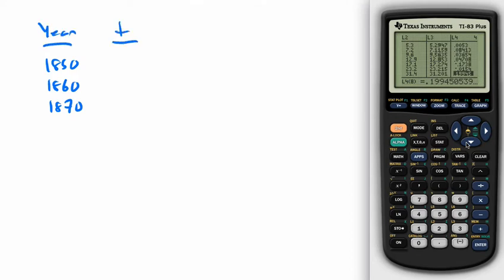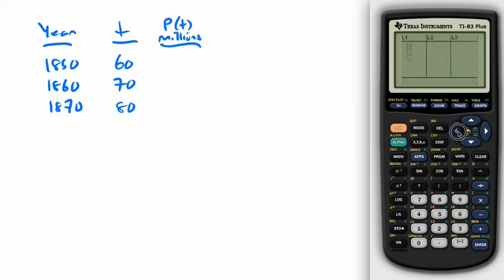The t-value is 60, 70, 80 for those 3 points. The model predicted values, P of t in millions, for those 3 values are right here. Let me make sure I'm in the right spot. So at 60, that's the 23.22. At 70, the model predicts in 1860 a population of 31.20 million.